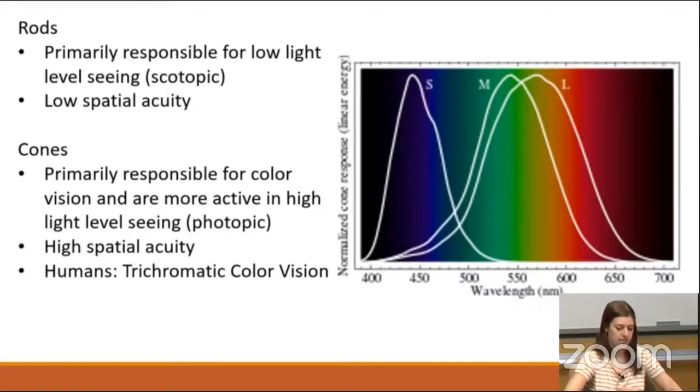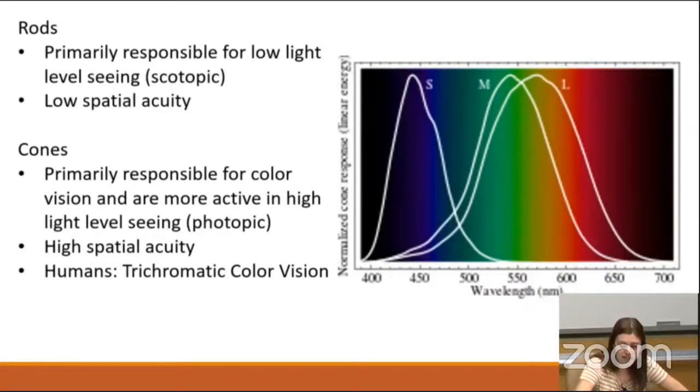And cones are primarily responsible for color vision and more active in high light level settings, which is called photopic vision. If you have the lights on in the room right now, you're using photopic vision, and you can see lots of colors. And if you turn the lights off and it's dark outside, you will probably be using your scotopic vision, and things will look more black and white and a little more fuzzy.